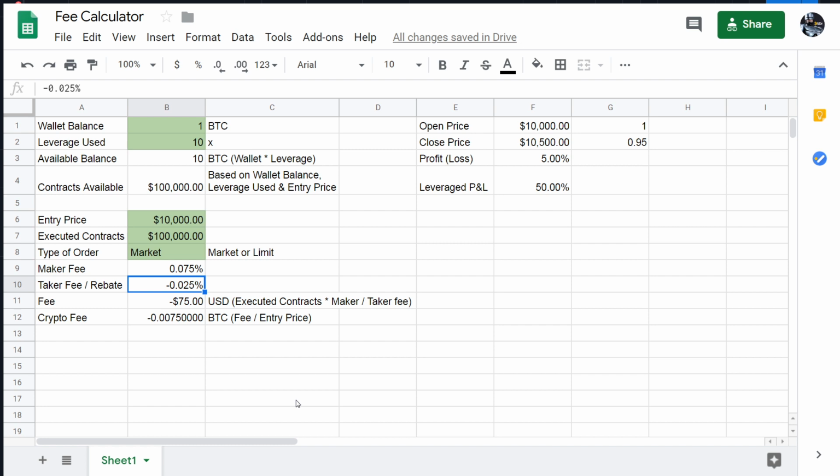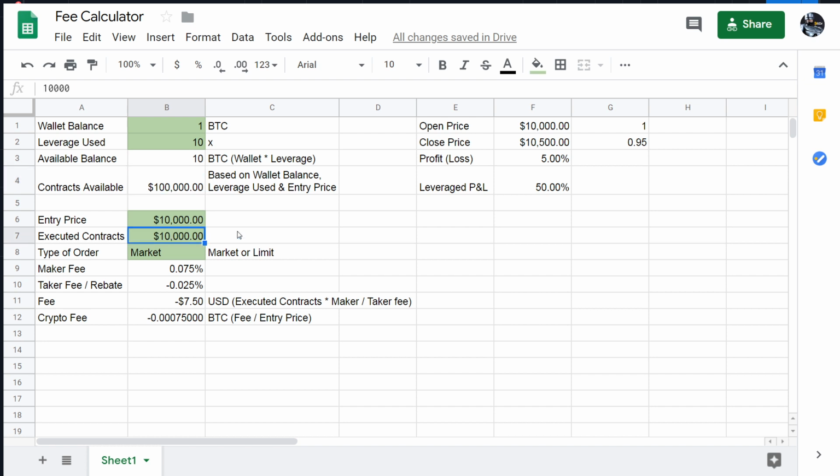But again, one last summary, and I think this is where a lot of people get it wrong. If I have 1 Bitcoin in my account at $10,000, and I do a $10,000 trade, I'm not doing 50% on my entire account. I'm doing 50% on 10% of my account, because at 10x leverage, I have $100,000 available to me.